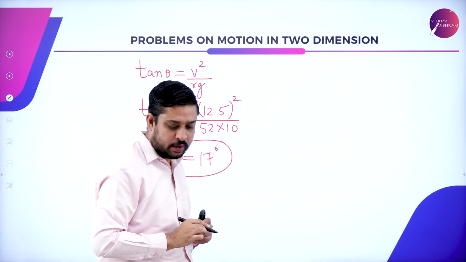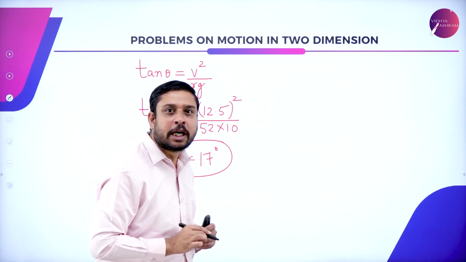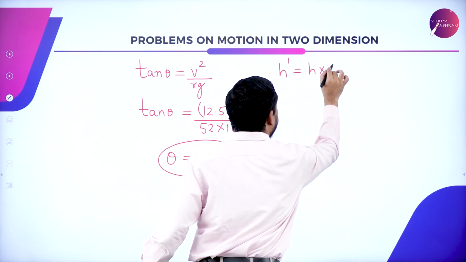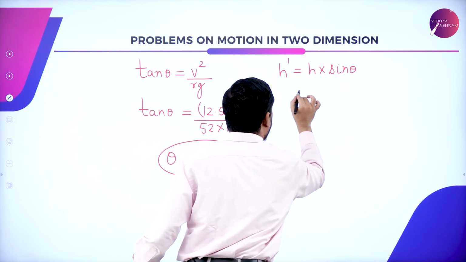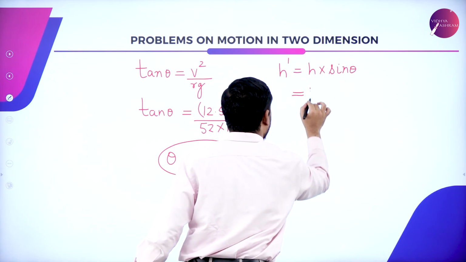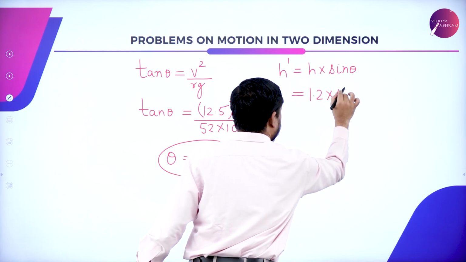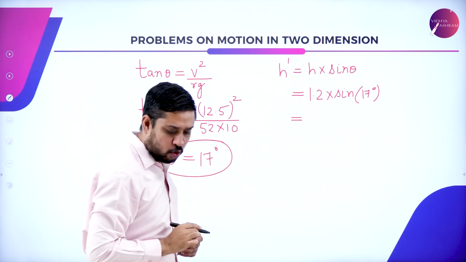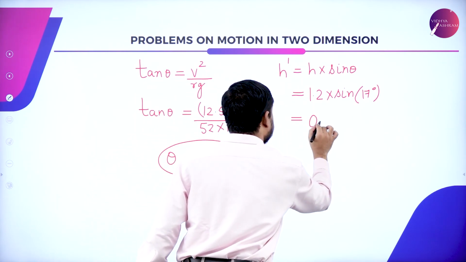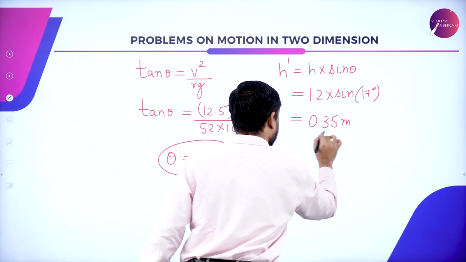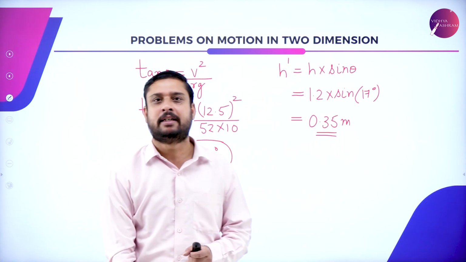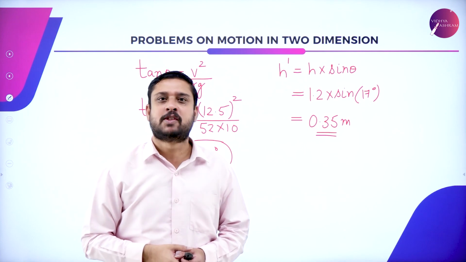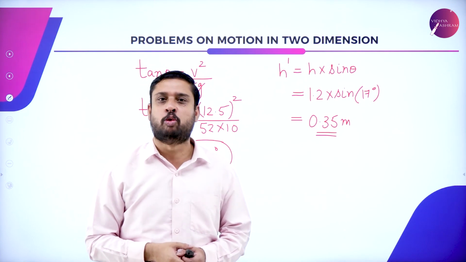Now I have to calculate the height to which the outer rail is raised. So h dash is h into sine theta. This is 1.2 into sine 17 degrees. Again, use your Clark's table. So this turns out to be 0.35 meter. So students, we have solved simple problems from the chapter two-dimensional motion.